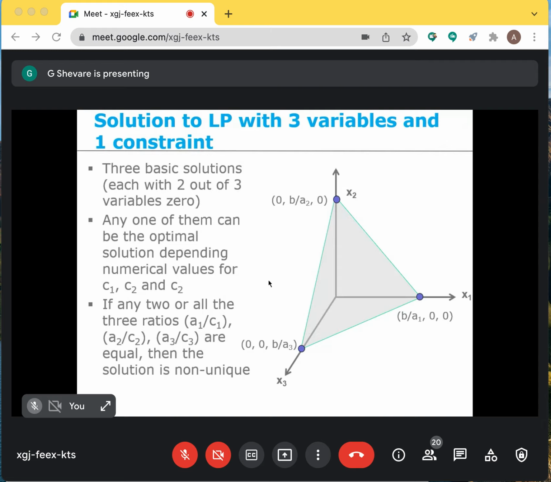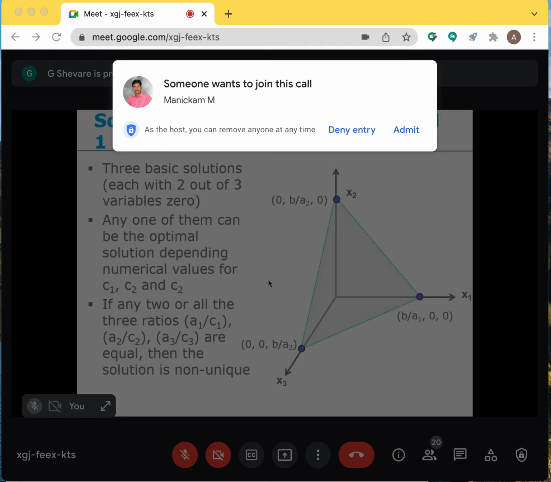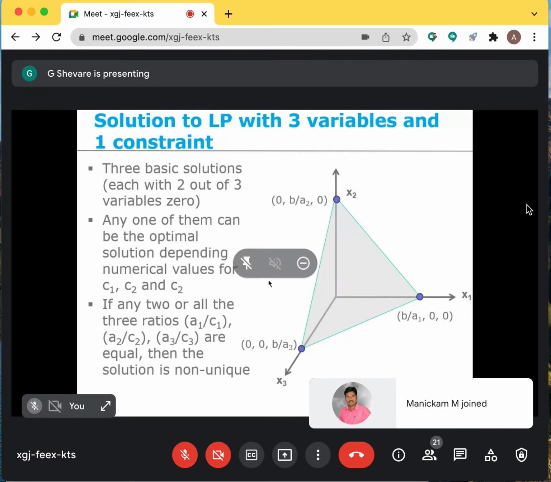There will be several planes parallel to each other, and the plane which touches x1, x2, x3 would be the one that we are seeking.